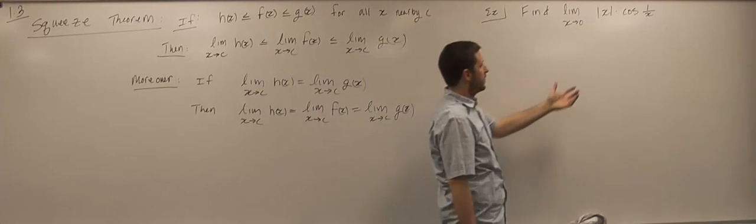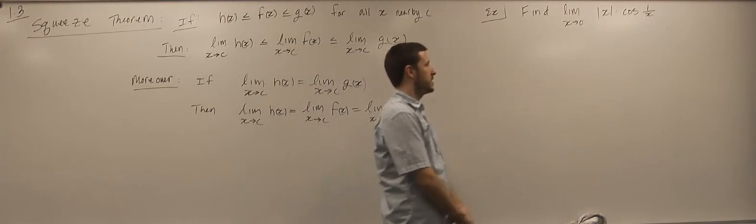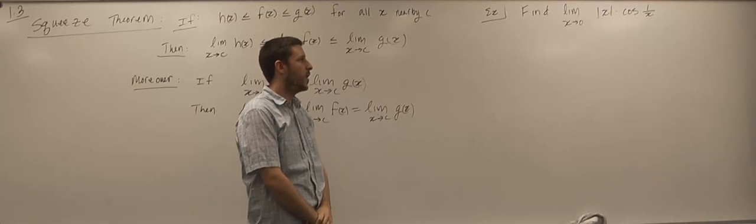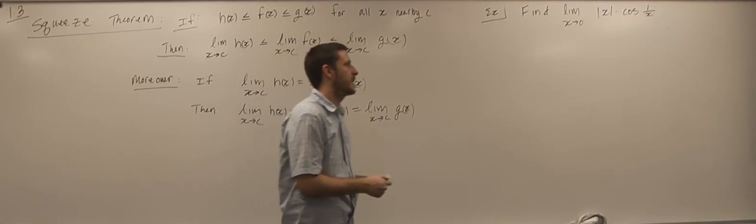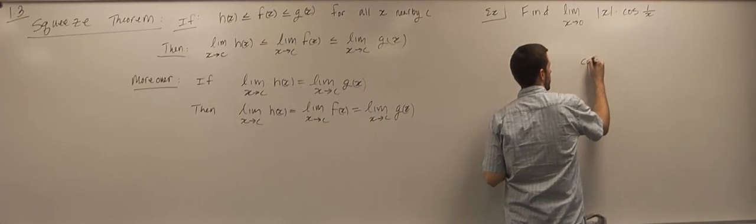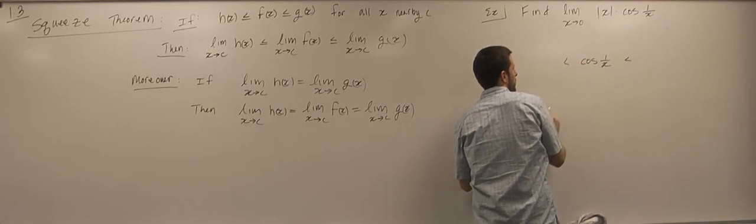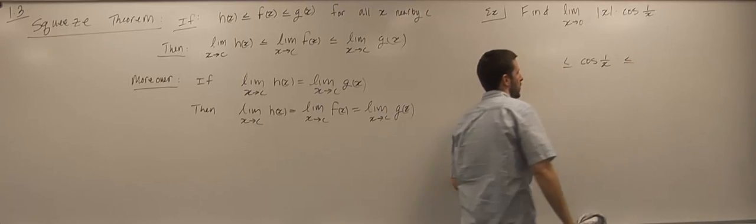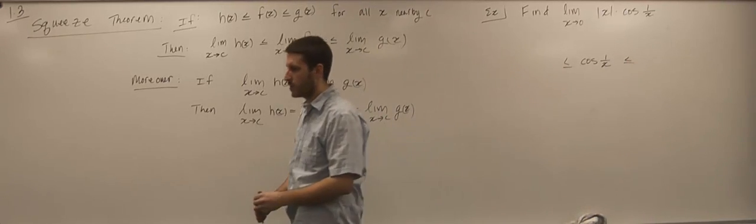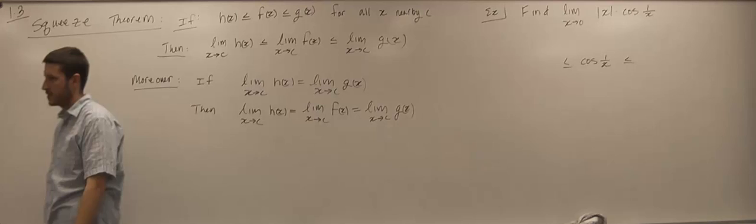What happens here, if you want to actually find this limit using the squeeze theorem, you have to bound cos 1 over x. So can you give me one number that's less than cos 1 over x and one number that's greater than cos 1 over x?